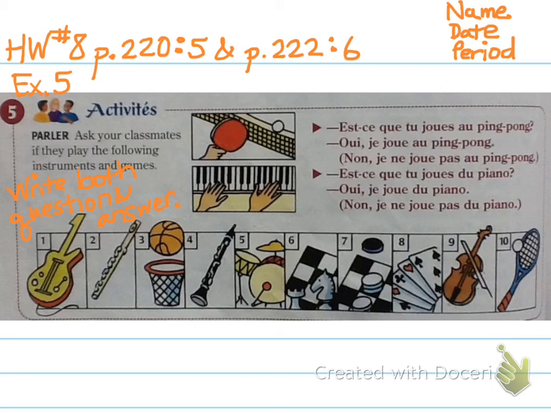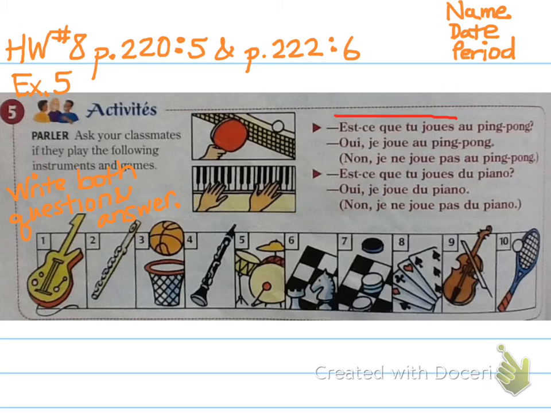So you'll write the question and then you'll write your answer as if somebody had asked you that question. So our first example, we have est-ce que tu joues au ping-pong? Oui, je joue au ping-pong, or no, excuse me, je ne joue pas au ping-pong. So remember, the part of the question that's going to stay the same every time is the est-ce que tu joues?